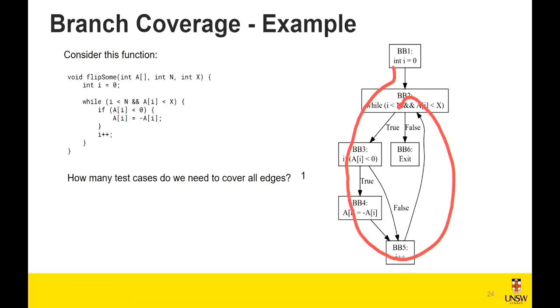Once we finish the first iteration of the loop, instead of going to the false branch, we go to the true branch again, and then we go through the false and false here. So this is why we can cover every edge in this program with just 1 test case.